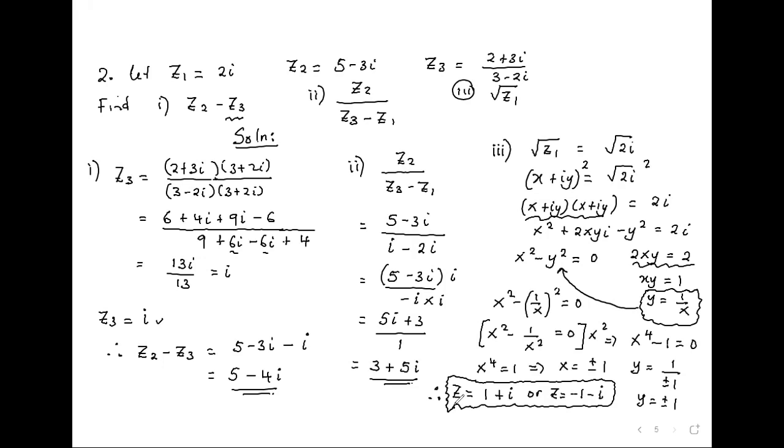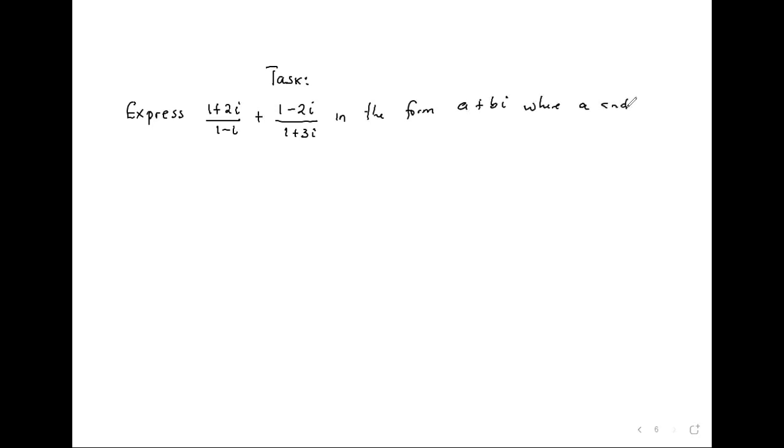So a very simple follow-up exercise here. Express 1 plus 2i over 1 minus i plus 1 minus 2i over 1 plus 3i in the form a plus bi, where a and b are real numbers.